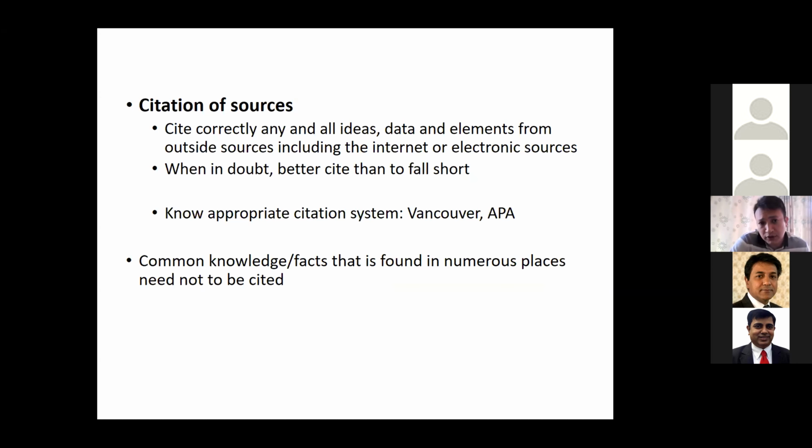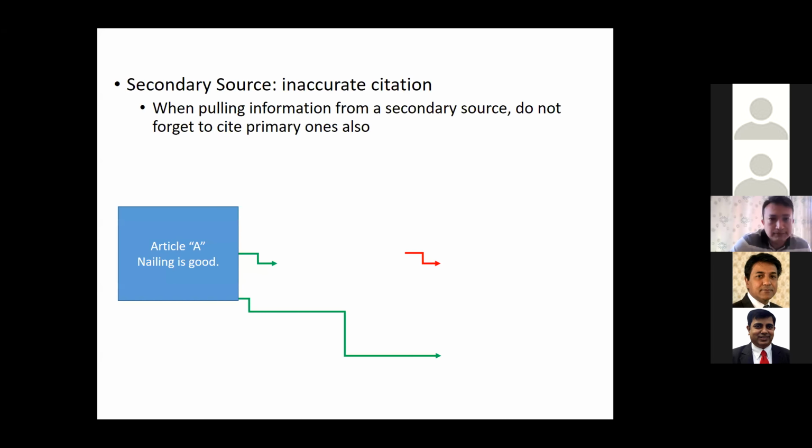If you are in doubt whether you need to cite it or not, it is better to cite it than to fall short. And in the citation steps, you have to know the citation system requirement of that particular journal. It may be Vancouver or APA, American Psychological Association. And if the knowledge is common, freely available, and found in numerous places, then probably you don't need to cite that information.